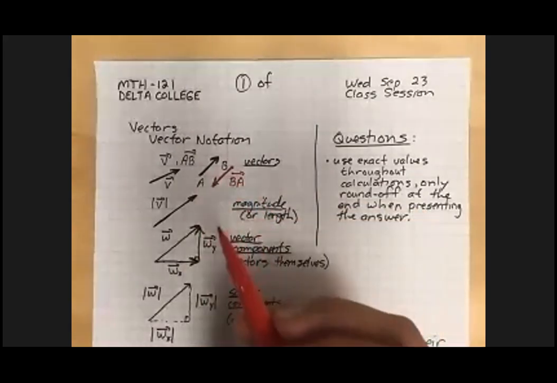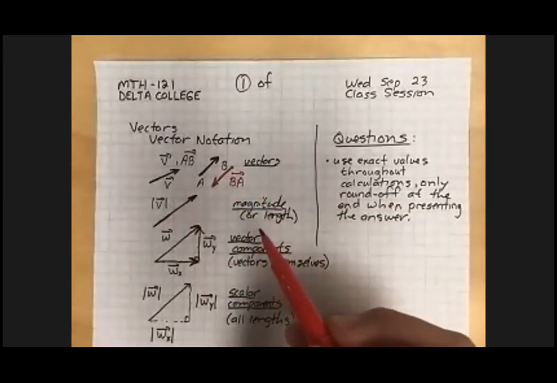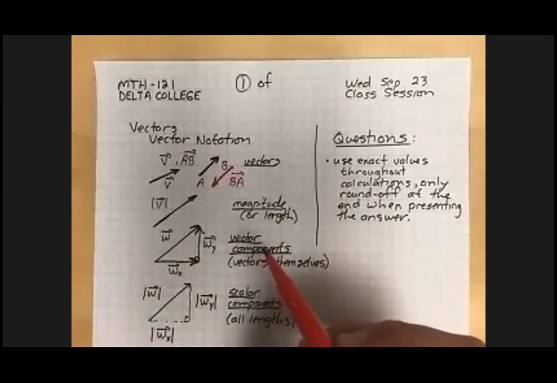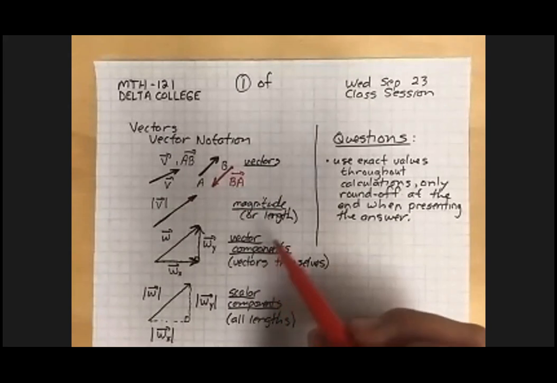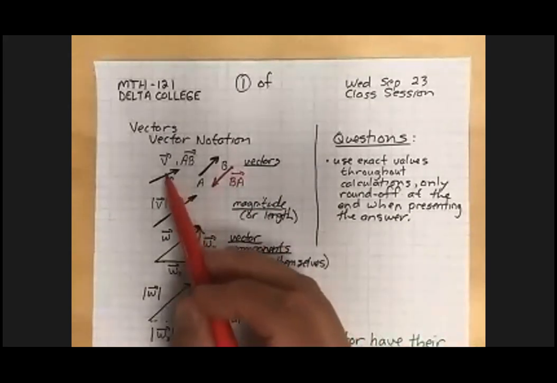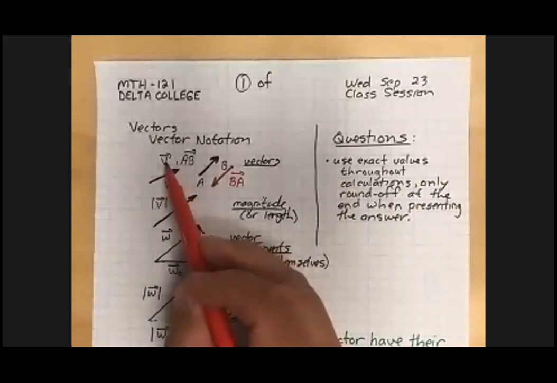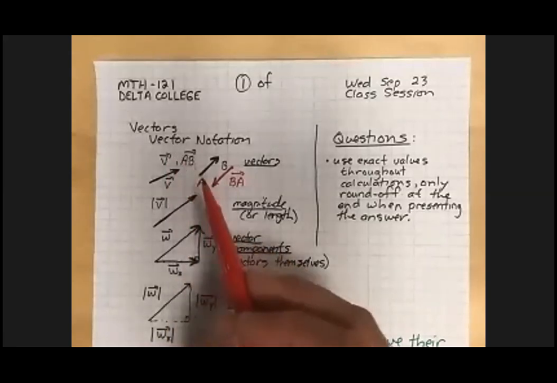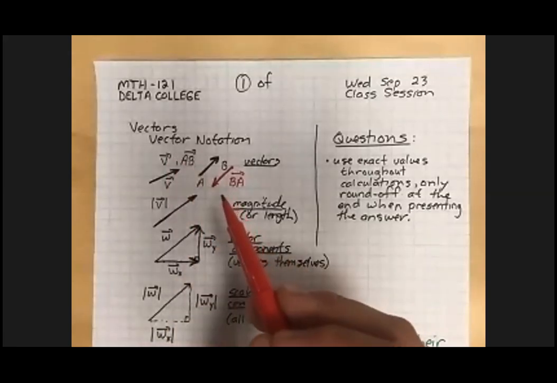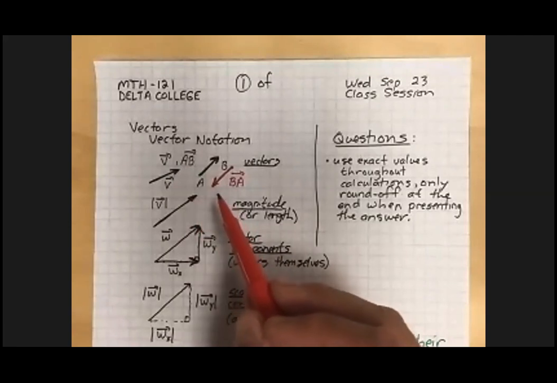Although the book does not always do this, because the book has the advantage of being able to write in boldface, and that's not as easy for us to do on paper. Always, always put an arrow hat, an arrow on the top of a vector, because that tells everyone that that thing you're writing down is a vector.